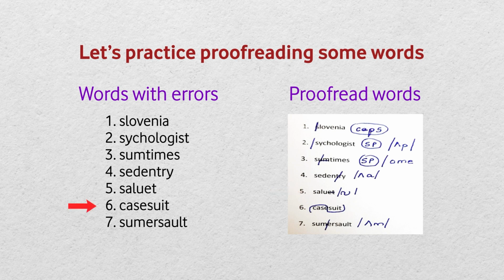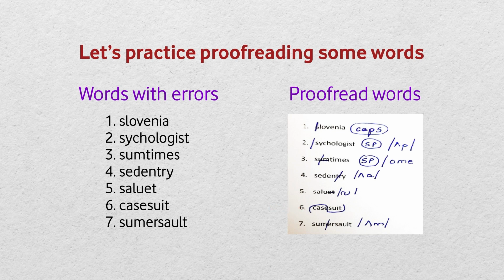In the sixth word, case suit, the first 4 letters have to be switched to the later part of the word, and the last 4 letters have to be brought to the beginning. So here the transposition is not just of 2 letters, but of 4 and 4, which is why I chose an 8-letter word for this example. So we have a transposition which will make it suitcase.